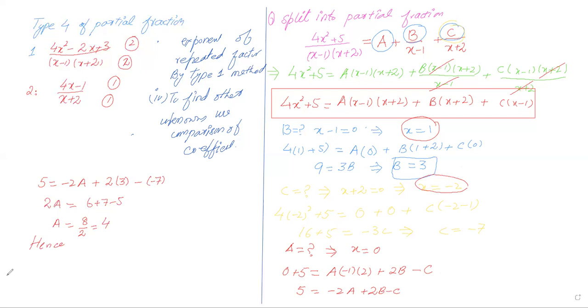So you have to write this as 4x squared plus 5 divided by x minus 1 times x plus 2 is equal to A, the value of A is 4, plus B, the value of B is 3, divided by x minus 1, plus C. The value of C in this case is -7.